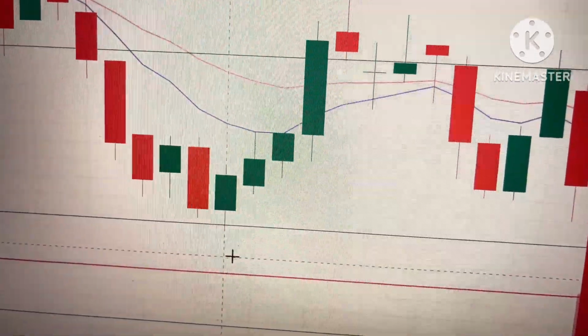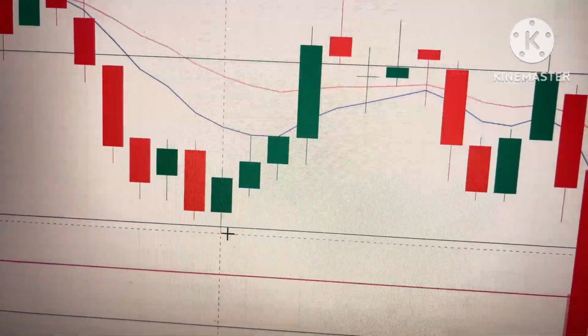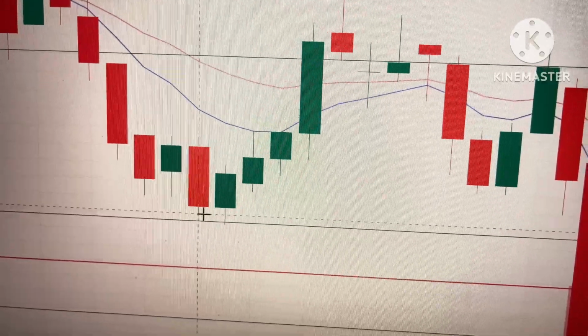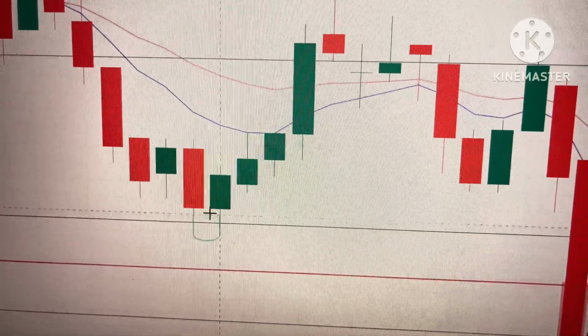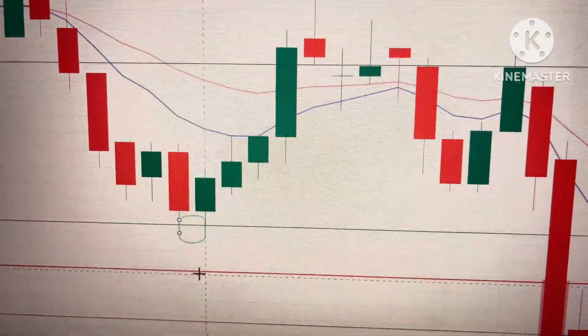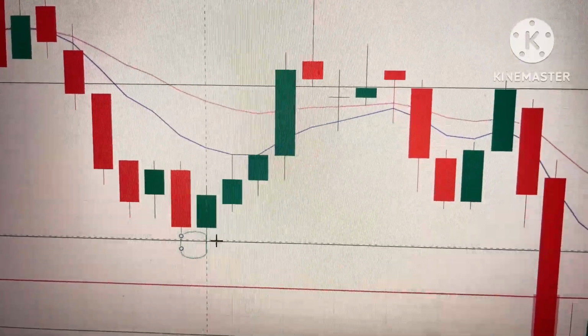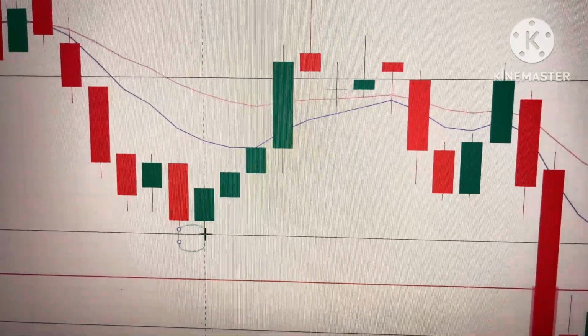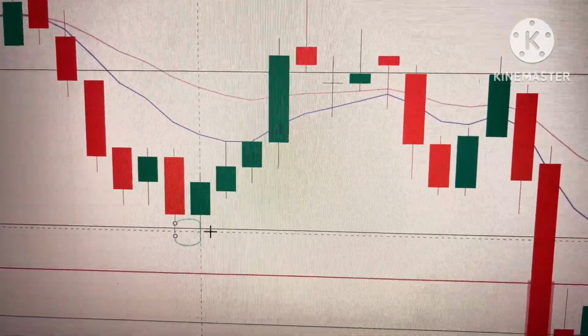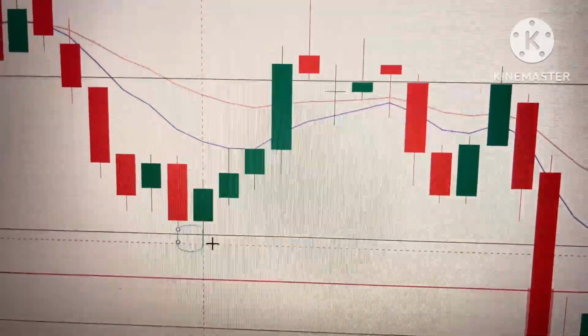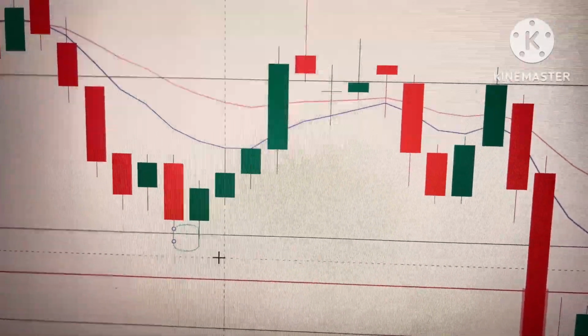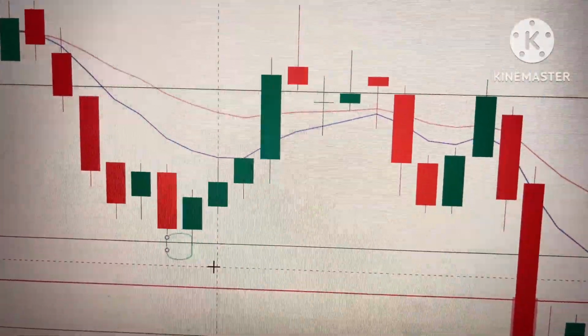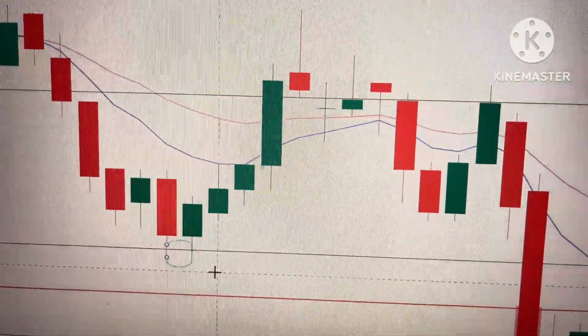Now what will happen is we don't have to take entry over here, to be on the safer side, because we don't know whether the candle will go above this line or come down. So in the 5 minutes chart, wait for the next candle.